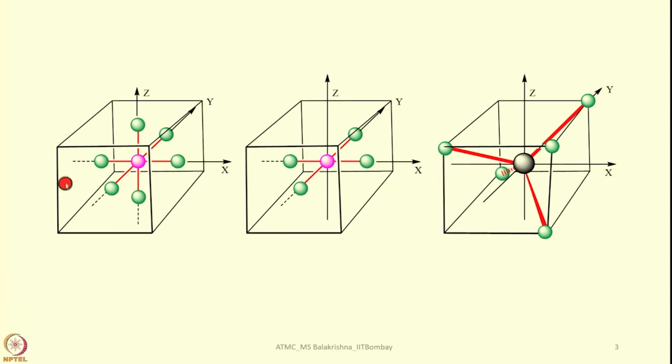These green spheres represent ligands and their approach towards the central metal atom to establish the metal to ligand bond, and same thing here and same thing here.